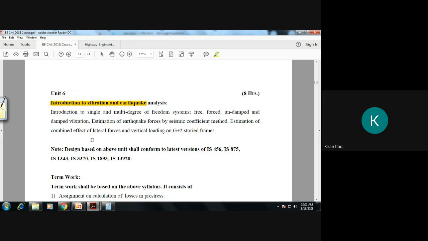And this one, introduction to earthquake and vibration. Okay, again it is a very simple and easy unit where you can get full marks. Remember it. And those who are doing the project on software, that is STAAD Pro, ETABS, have to know about earthquake analysis, because if you are designing G plus 10, G plus 20, then you have to take the seismic loads or earthquake loads.